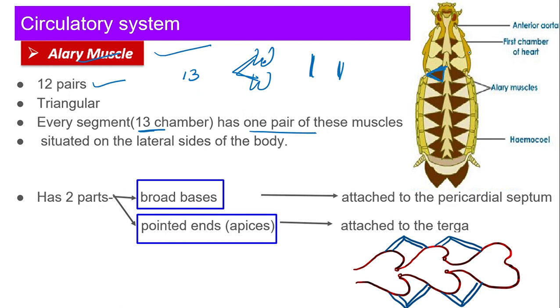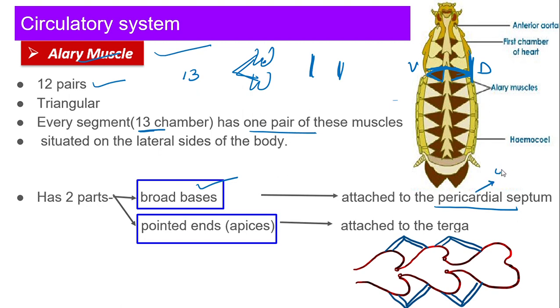See, this is your dorsal side, this is your ventral side and this is your lateral side. So where is it present? On the lateral side of the body. If we talk about the alary muscle, it has 2 parts, the broad base and the pointed end. Pointed end is towards the terga and broad base is towards the pericardial septum. What is pericardial septum?